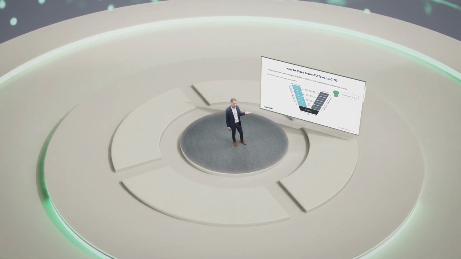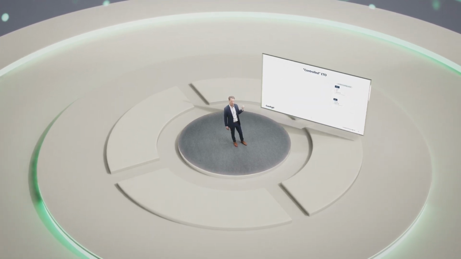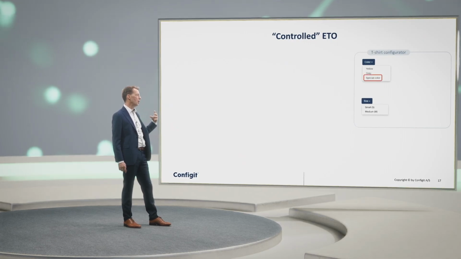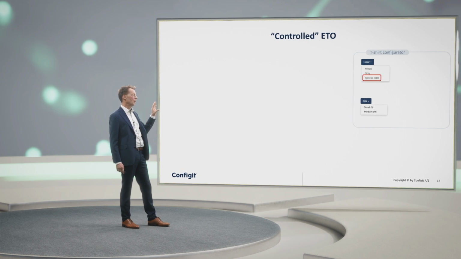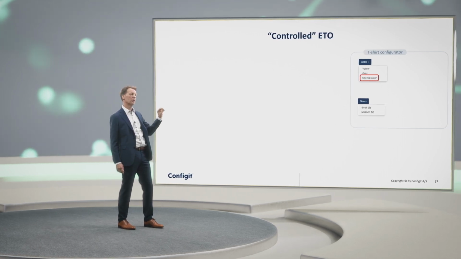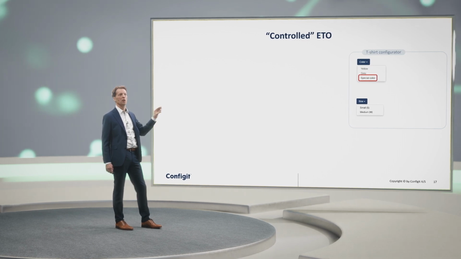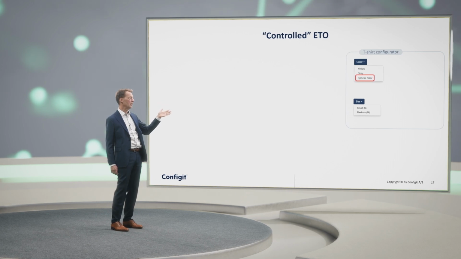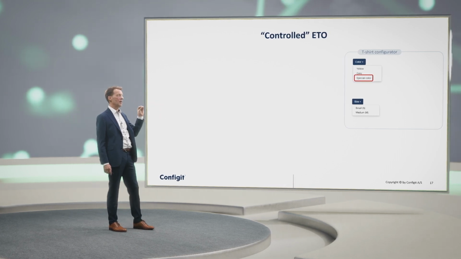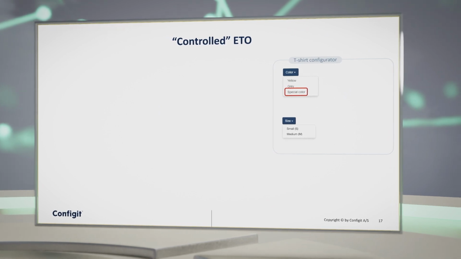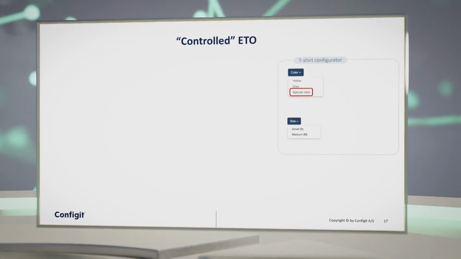The next step could be to say, okay, we will build up a logical model, and we will use that model to guide the user, but we will allow the user to select special values. So I know I have yellow and gray t-shirts, but I will open up and allow the customer to select a value in the dropdown called special color.